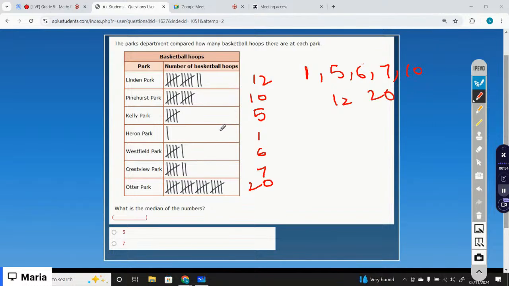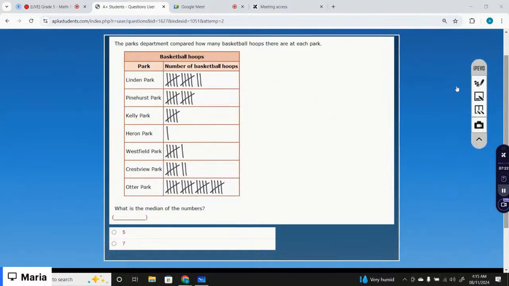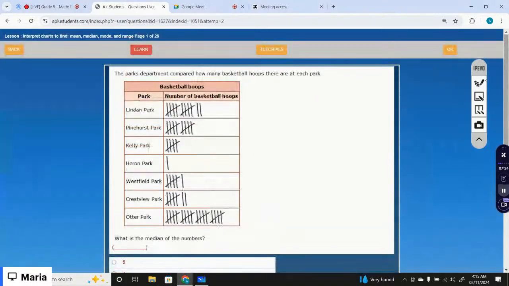So you have to find the median. So here 7 is the median, right? You can see before 7 you have three numbers, after 7 you have three numbers. So the median is 7. The correct option is 7. Option number 2 is the correct option.